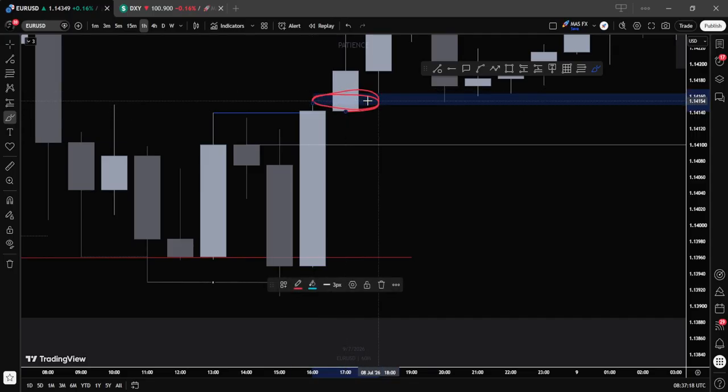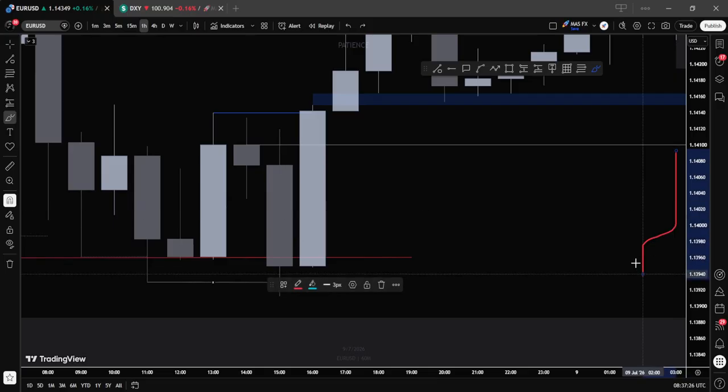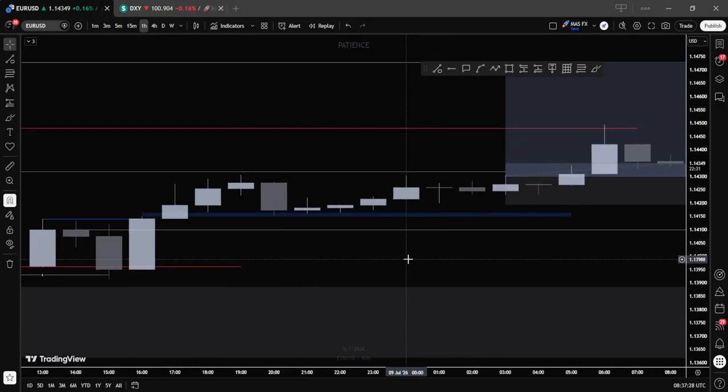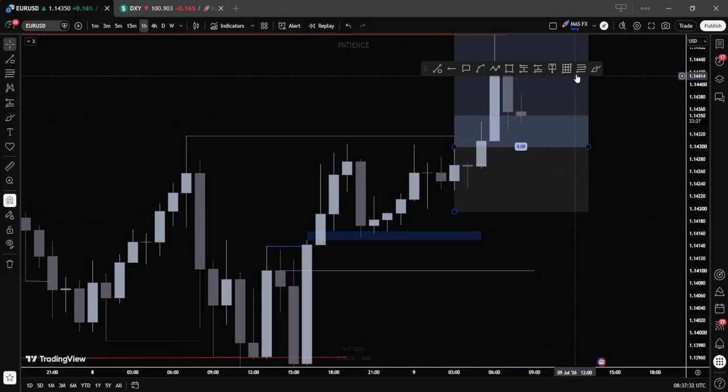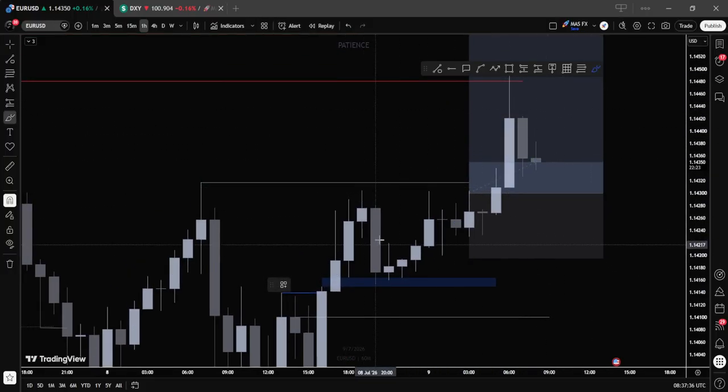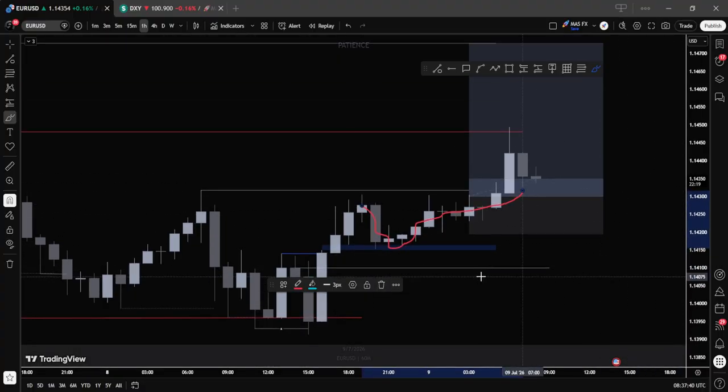You can see first candle, second candle, third candle, the gap inside. We had our fair value gap, and that was what held the market during the Asia session. Price came into the fair value gap and then gave off the reaction to the upside.